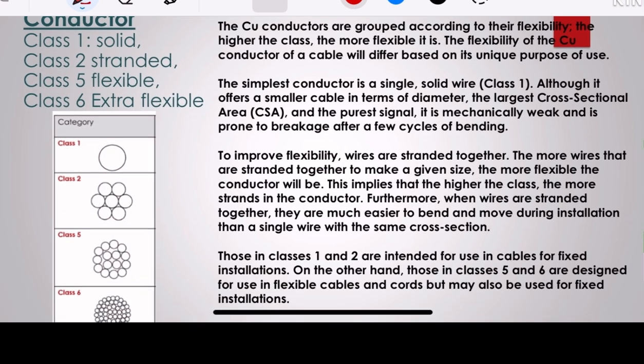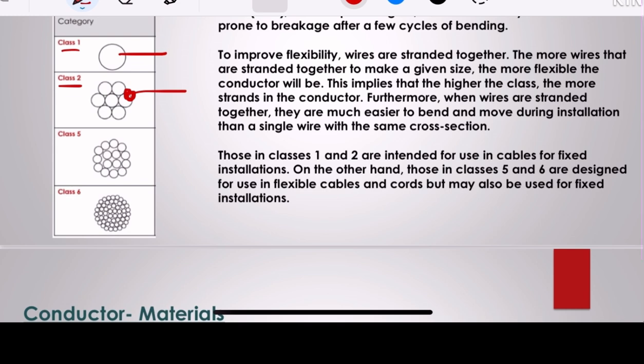Here you see in class 1 the conductor is solid, and in class 2 the conductor is twisted and stranded, but the cross-section area of each strand is comparatively bigger than in class 5 and class 6.